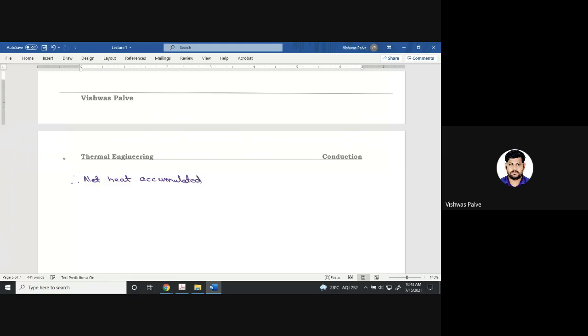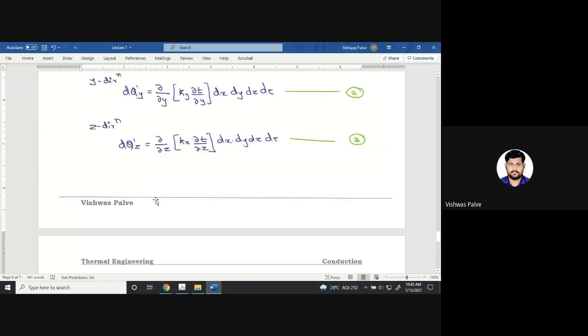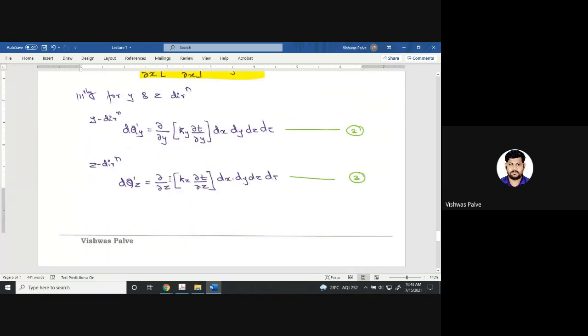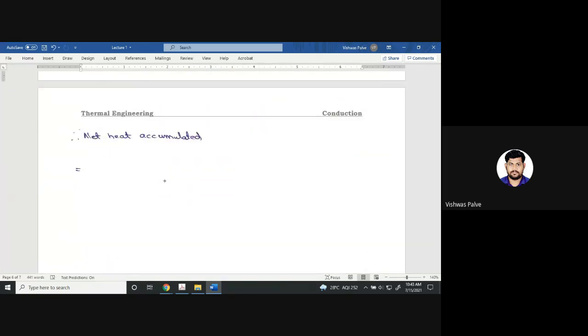You have to add all the 3 equations, adding equation 1, 2 and 3.